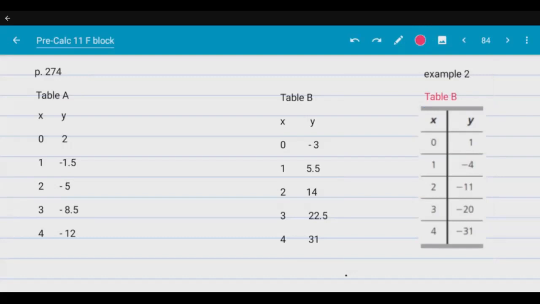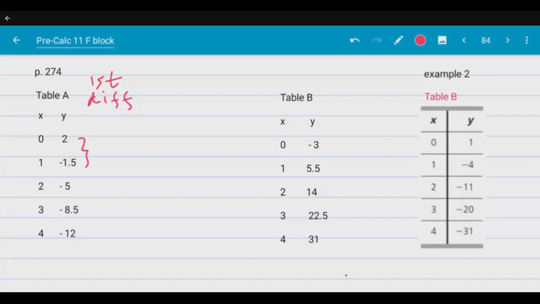Let's look at the first difference. What we're going to do is look at the two values here. How do they differ? What's the difference between -1.5 and 2, or 2 and -1.5?